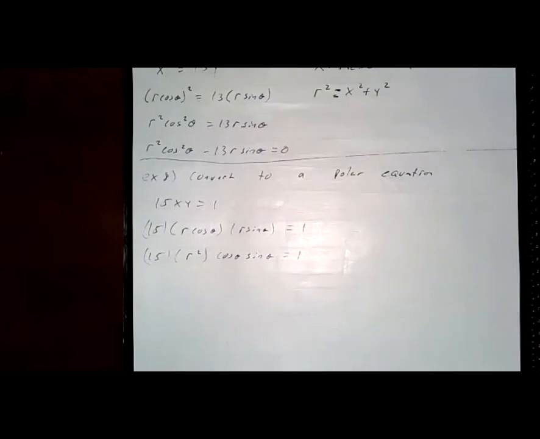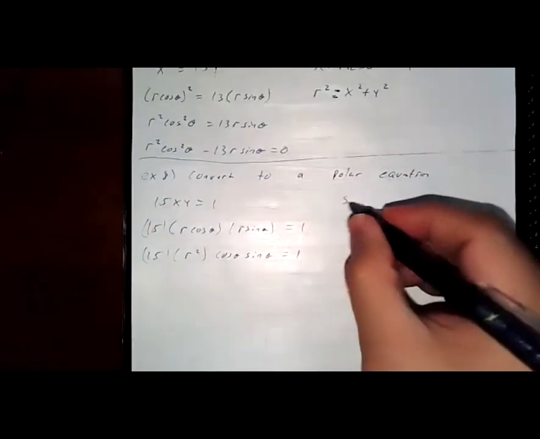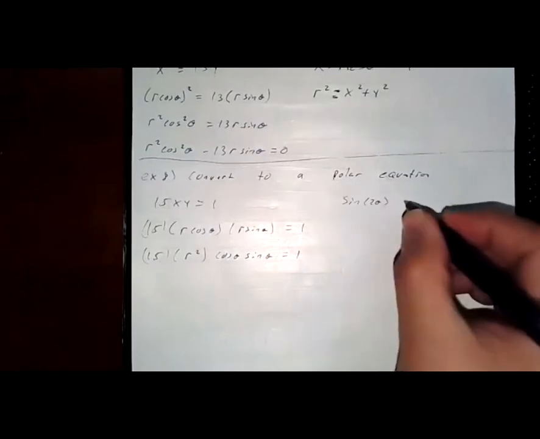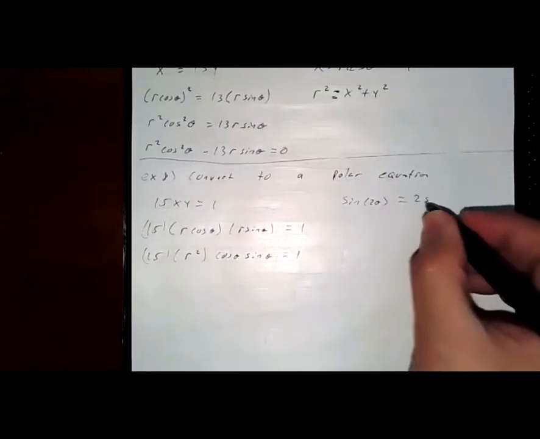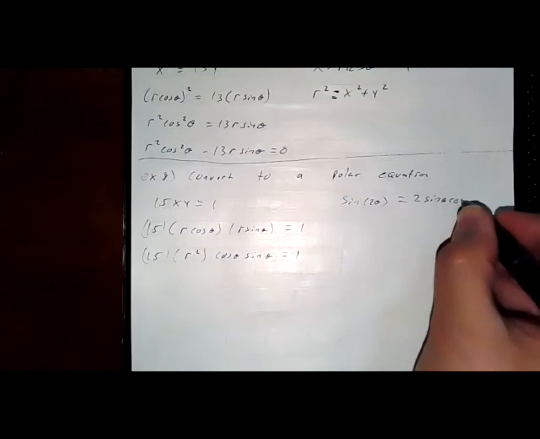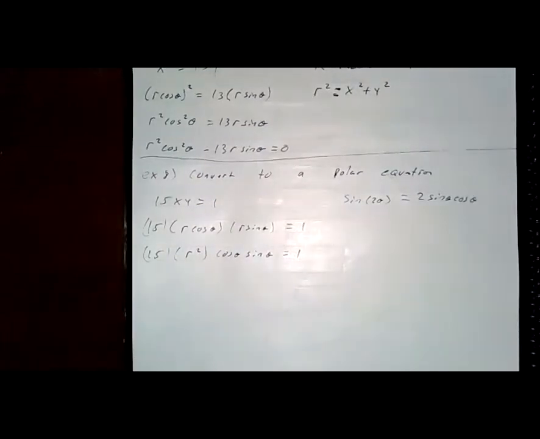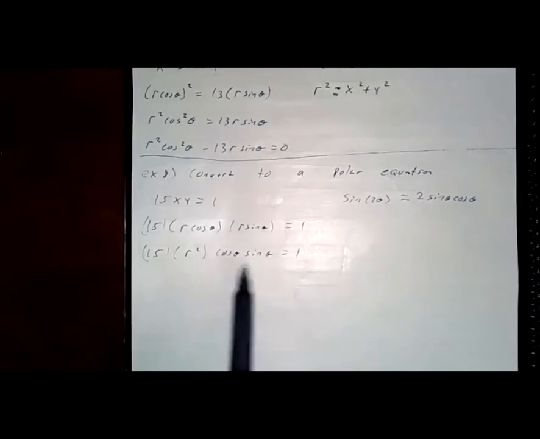Now I see an identity that we can probably apply. I don't know if you remember that sine 2 theta is equal to 2 sine theta cosine theta, the double angle formula for sine. So I have the sine cosine right here, right?